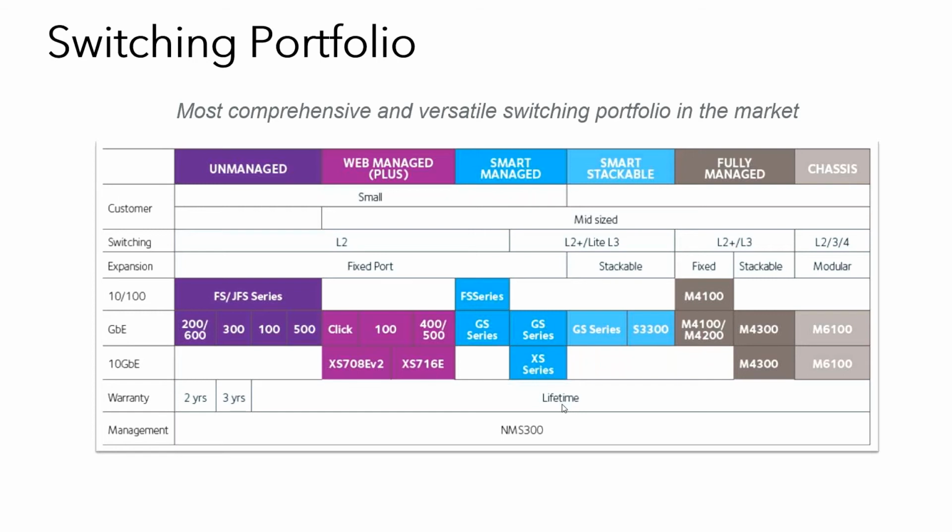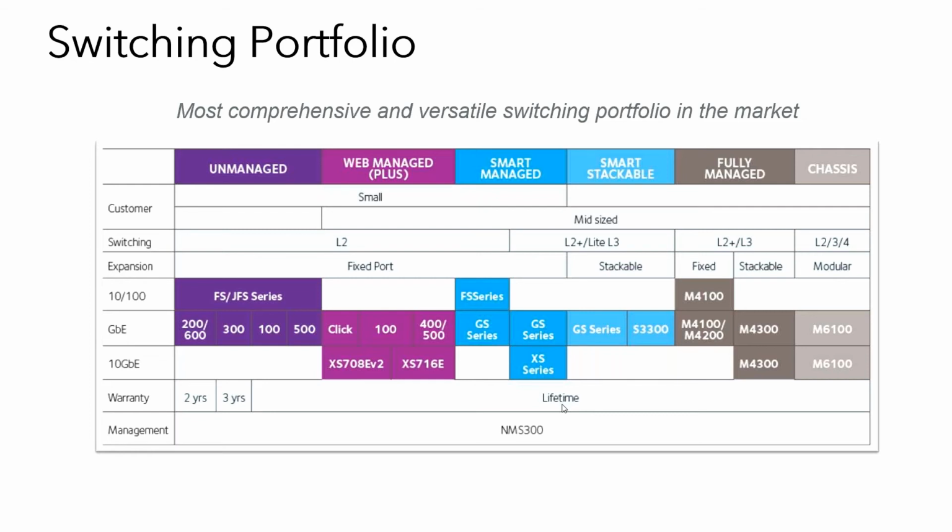And then the next two categories are really web-based management products. So there's no command line interface, there's no telnet or secure shell to these products, but they do carry QoS, what we call layer 2 plus or layer 3 light, so static routing.